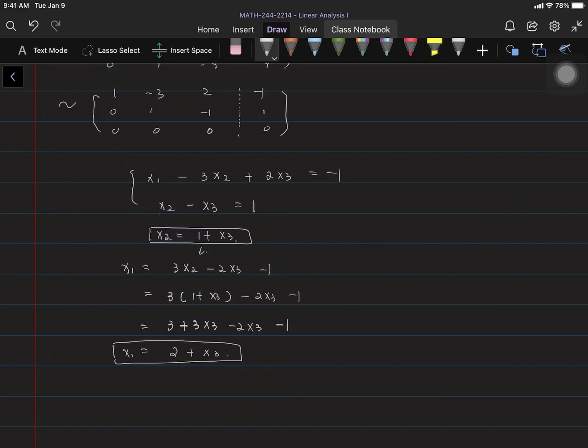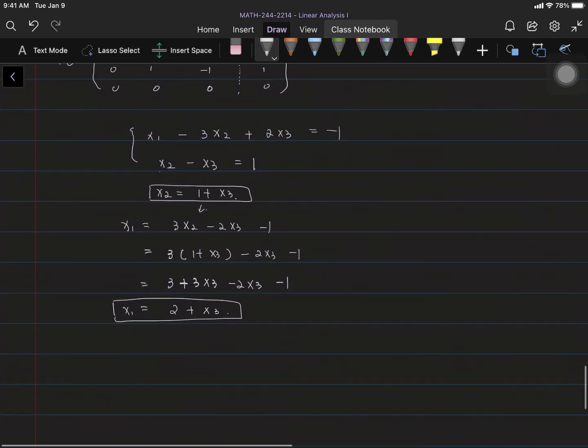For this linear system, if we want to solve it, we can only get this information: x1 and x2 are all in terms of x3. In this case, we say x3 is the free variable.